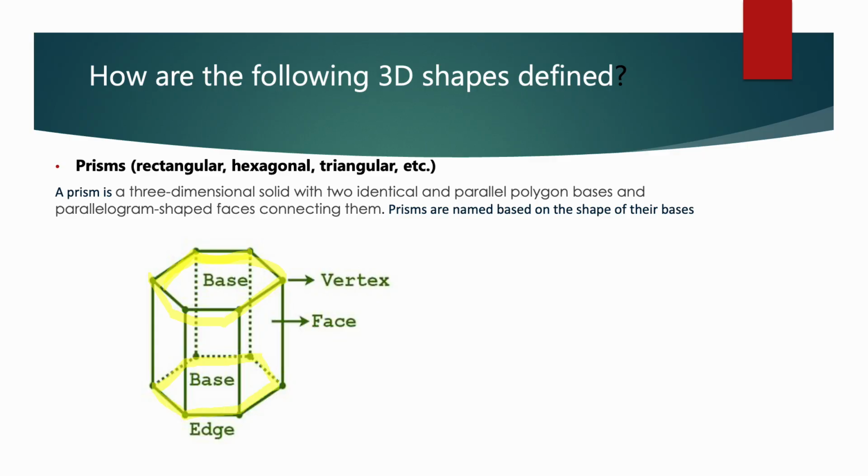And it also has parallelogram shaped faces. Here's the face, and each of these rectangular faces are connected. Prisms are named based on the shape of their bases. So not the face of the shape here, this rectangle, but the base of the shape is where they get their name.